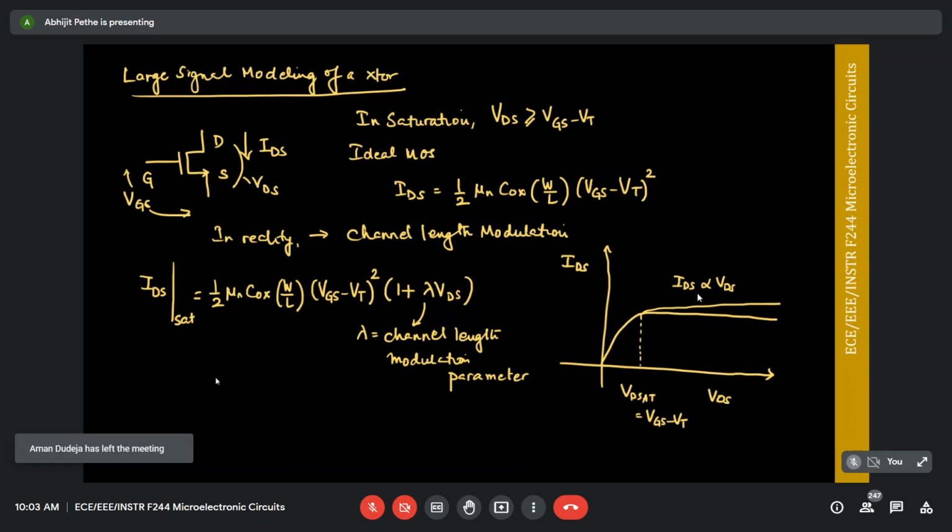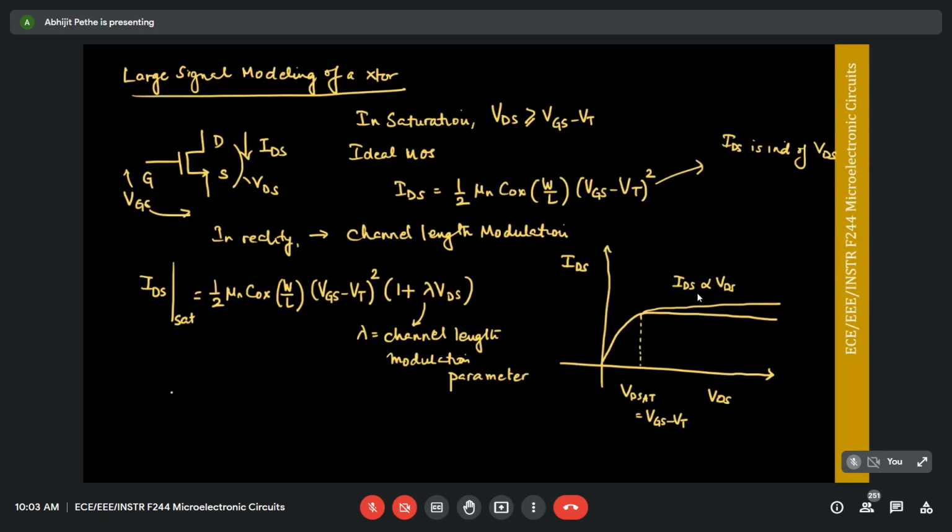So it looks like a voltage dependent current source. No, so in the ideal case, we said that IDS is independent of VDS, right? And so we said that at the output, this looks like a current source where the current is only proportional to VGS minus VT the whole square, right?